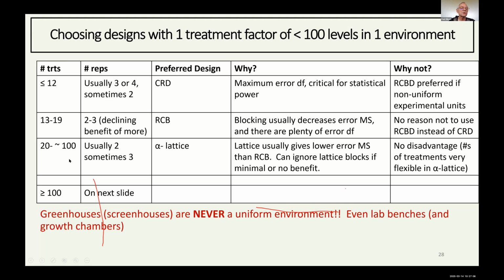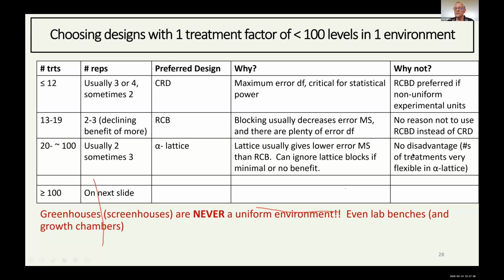With 20 to 200, 2 reps is usually all that's really valuable unless you really need accuracy, in which case 3 reps may be used. Alpha lattice is a very good one. It usually lowers the error mean square, and you can ignore the lattice blocks if they aren't beneficial, and there's really no disadvantage.